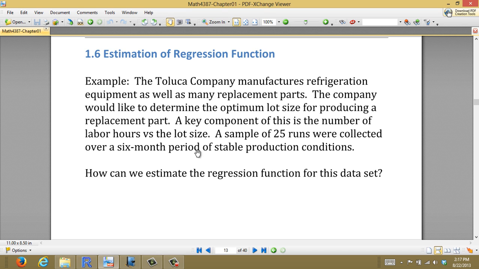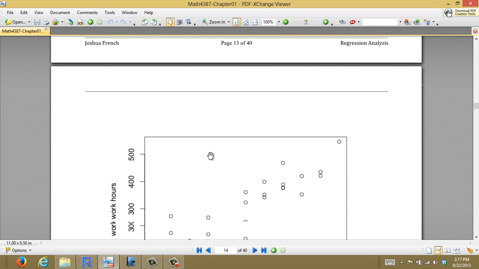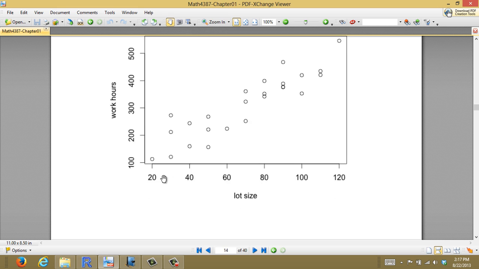This is actually a problem that you might see something similar to in real life. We have a company, they make widgets, and they want to know essentially how many widgets they should make in a certain period. So they're going to collect data, and then try to determine the optimum amount of hours that it takes.